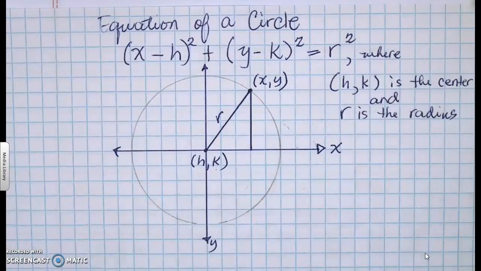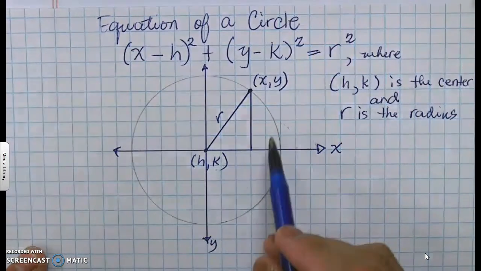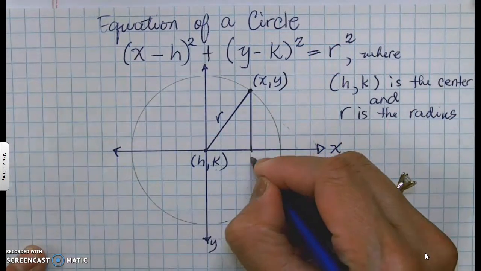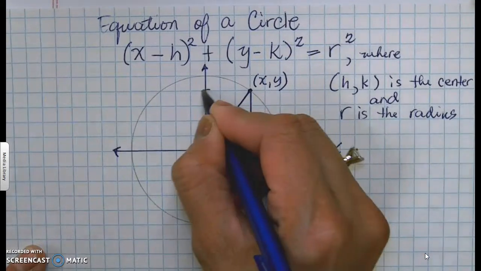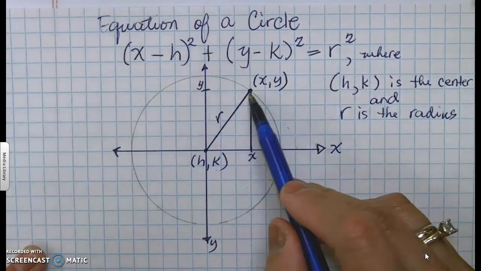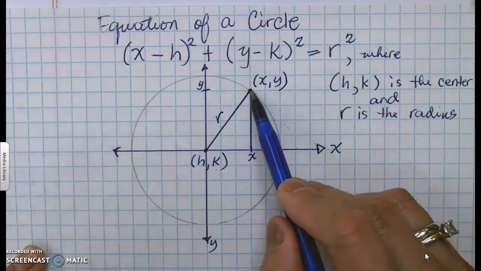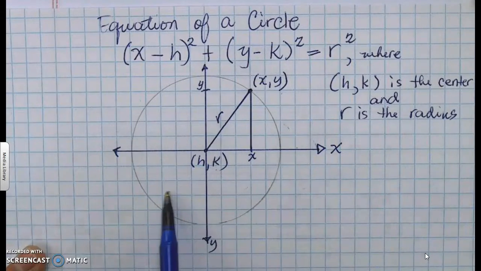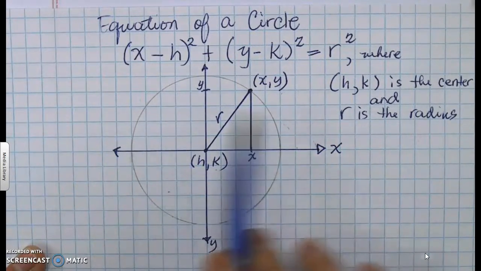If that's (x, y), then definitely this right here must be the x, and this right here must be the y, for this point to have the coordinates x comma y. So let's use the Pythagorean theorem to solve them.